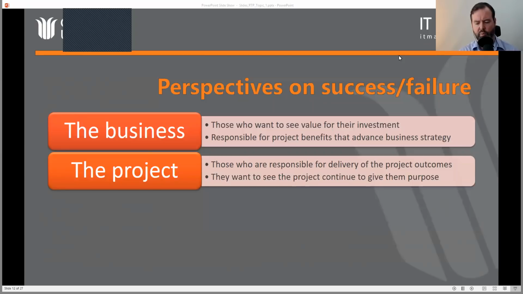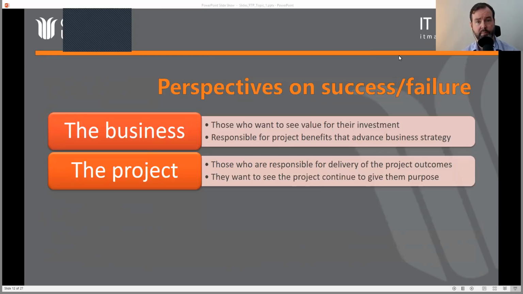So a lot of the time we'll see people involved in project delivery who want to see a project fixed, not cancelled. And this could be a very different, competing view to the way the business perceives the project and its success or failure. If the project is a horrible place to work, if it's difficult because of personal dynamics or the way things happen, it may be viewed as a terrible failing project by people in it.